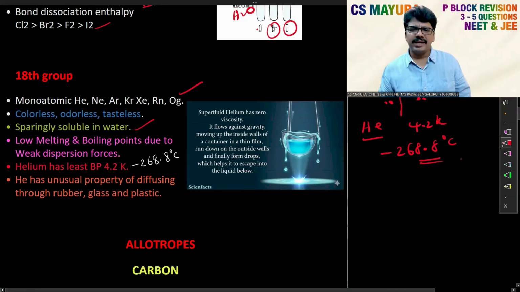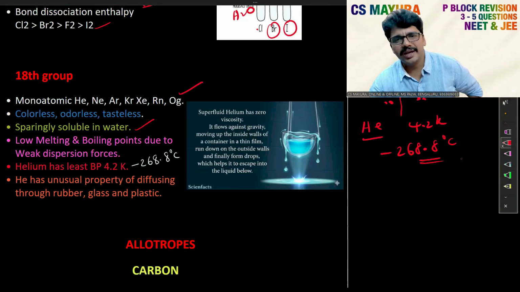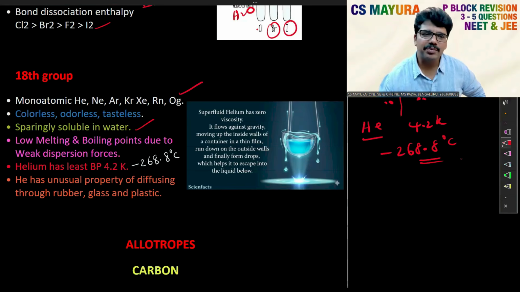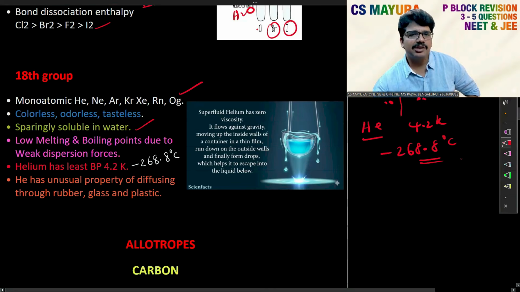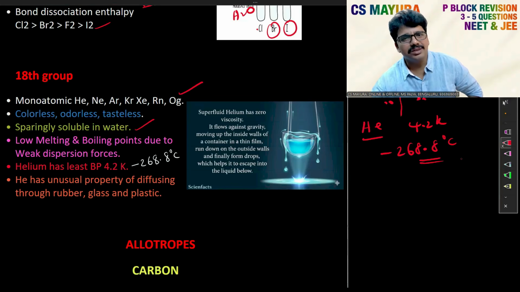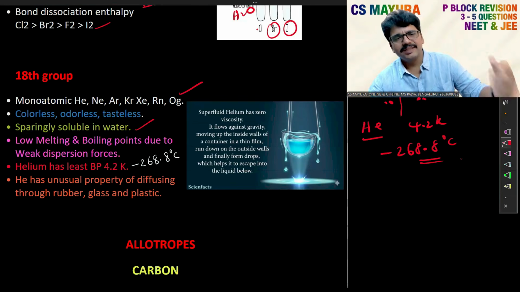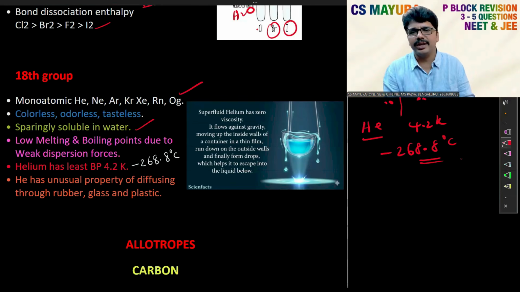So you know minus 273 degrees Celsius means 0 kelvins. 0 kelvins temperature is called absolute zero. That is the least possible temperature. Theoretically it is possible, but practically, even today, we have not reached 0 kelvins.